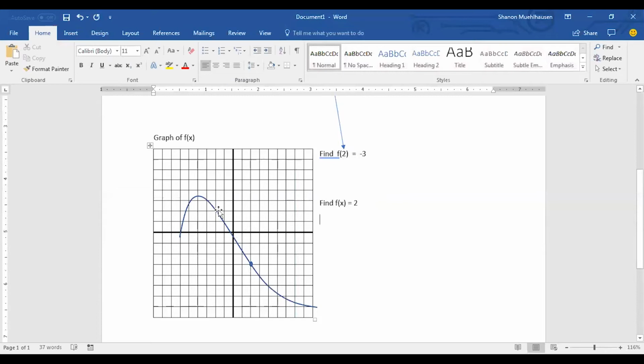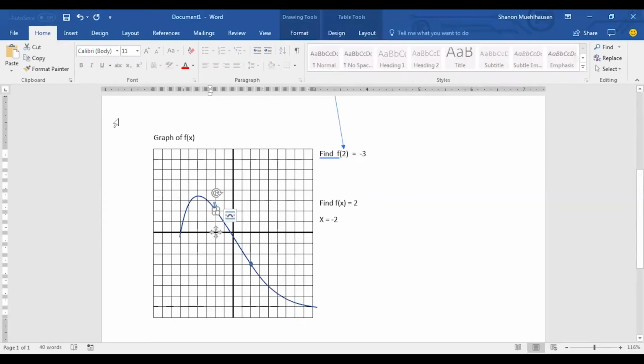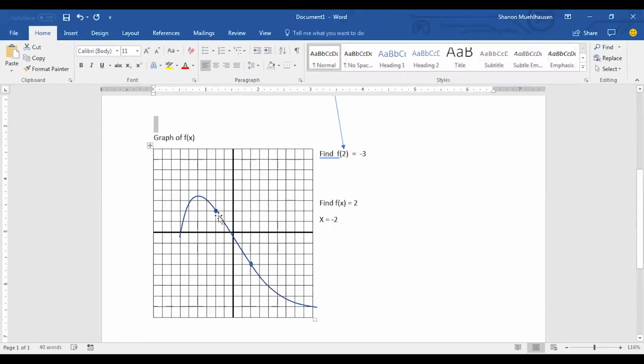I see that the x value that I'm talking about there is -2. You with me there? So this dot is where I get the answer of 2 to spit out of my function. What x gives me that? X equals -2.